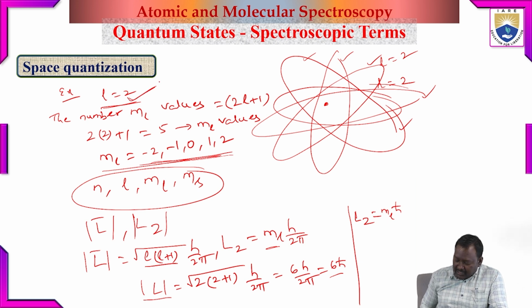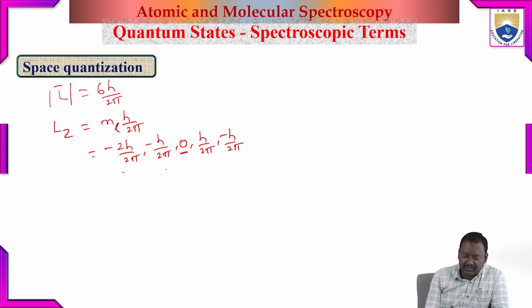For this particular electron, this value is constant. And as ml values change from -2 to 2 in integer steps, Lz values also change.